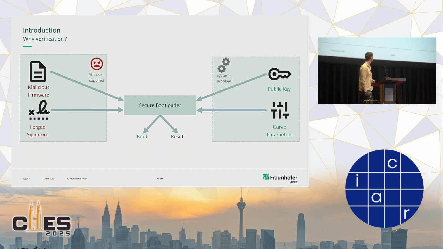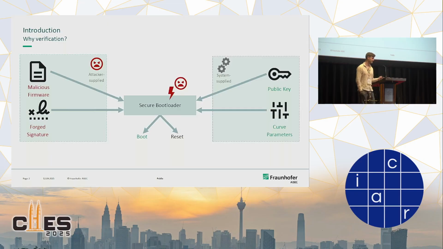Now, from the eyes of an attacker, we will then have a malicious firmware that they want to boot. And of course, they can't really have a working signature because we assume that the crypto that is present in this bootloader is somewhat secure. So they will also supply some forged signature, which will of course get rejected.